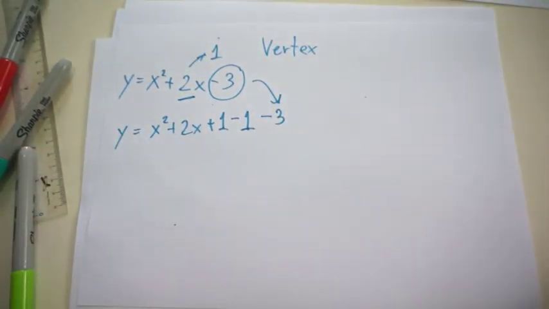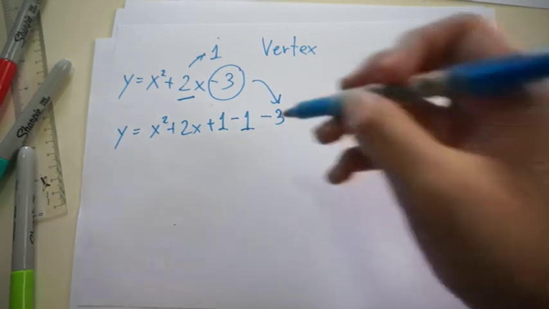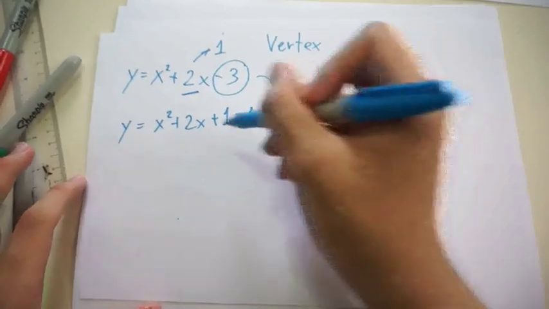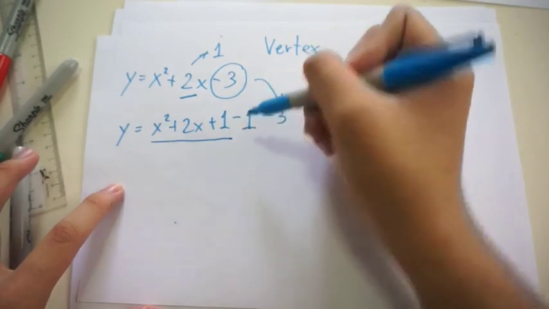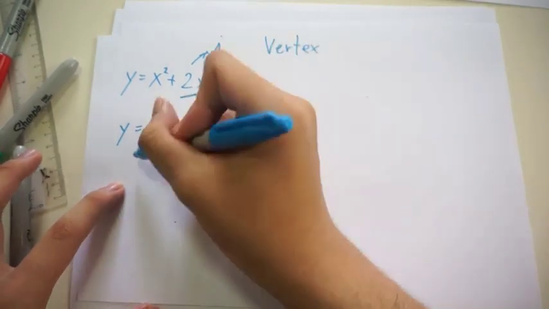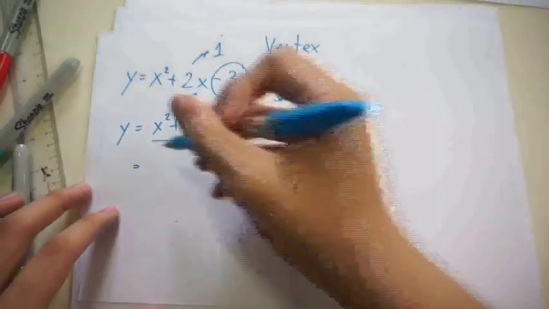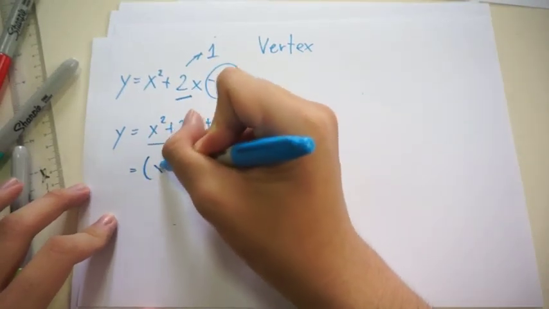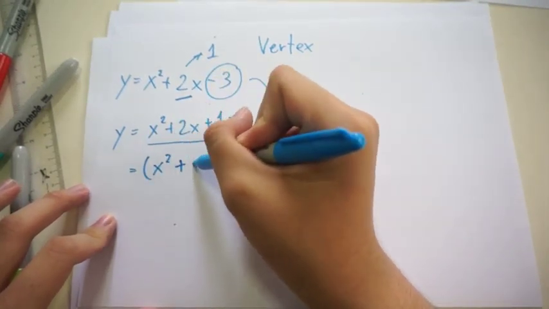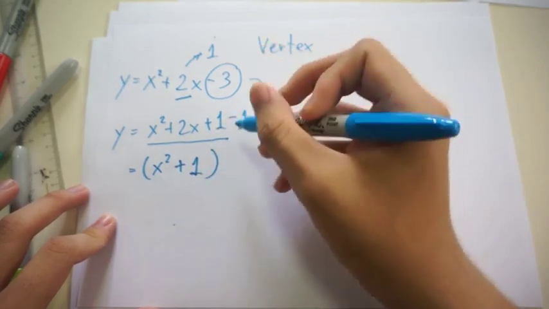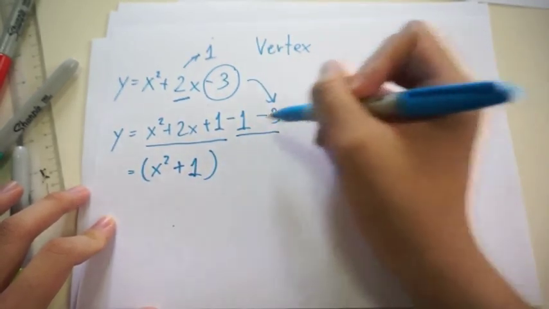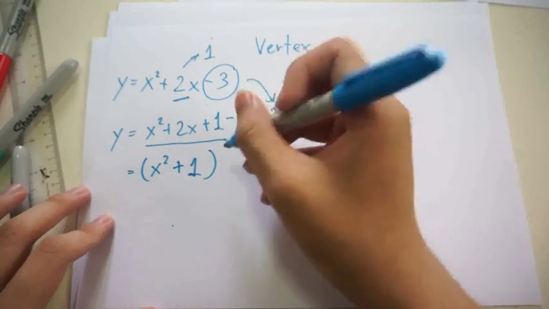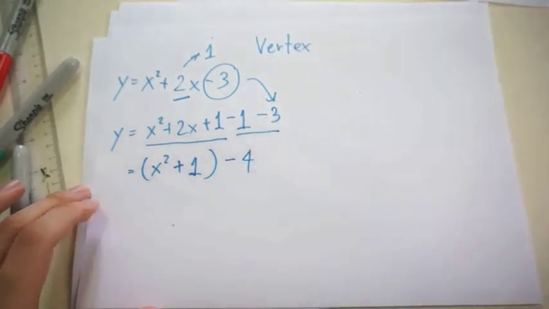So what we do next is we make this whole part into a bracket. But since it is the same, we will only get this form. And these two will do the symbol process and will equal minus 4.